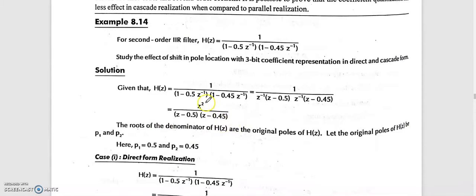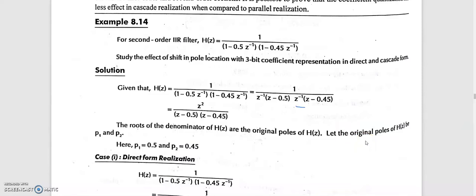So we manipulate this equation to make it into powers of z. We take z raised to minus 1 common, so it becomes z minus 0.5, and in the other factor z raised to minus 1 is taken out, and it becomes z minus 0.45.